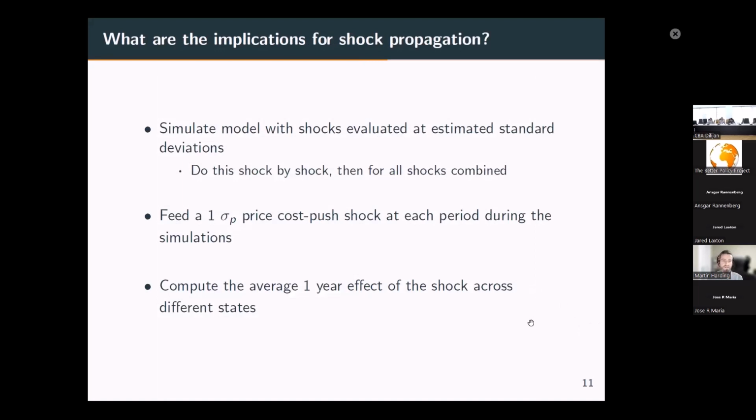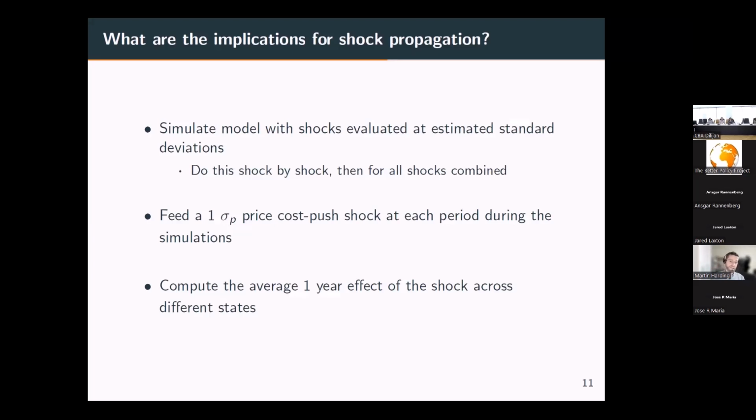So we're going to move into a much more thorough analysis of propagation of shocks when the model is driven by different underlying forces. So we're going to have demand shocks, supply shocks. Actually, we're going to do this for all the underlying drivers of the model.